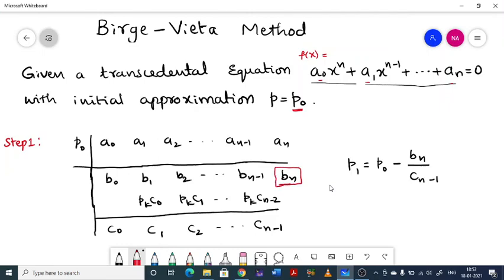This entry will be treated as bn and this one will be treated as cn minus 1. Now the next approximation for p0, that is p1, is given by p1 equal to p0 minus bn divided by cn minus 1.